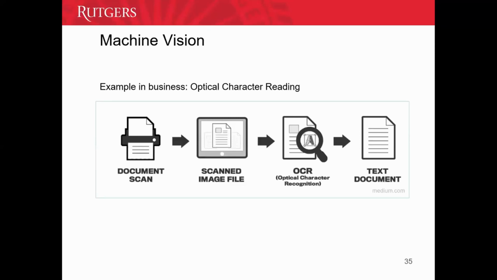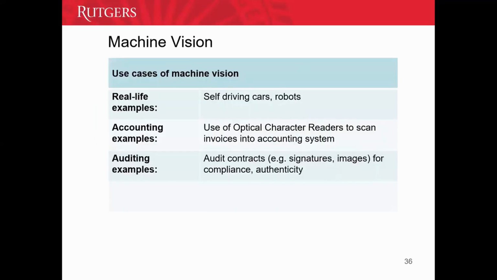So basically, previously it's been very challenging for auditors or accountants to be able to analyze scanned documents. Documents that have been typed in are easy to highlight, copy, and paste. But as you know, scanned documents are very difficult to extract data from. So this optical character recognition software is able to extract letters from scanned images or pictures. So this is one of the common uses of machine vision within businesses.